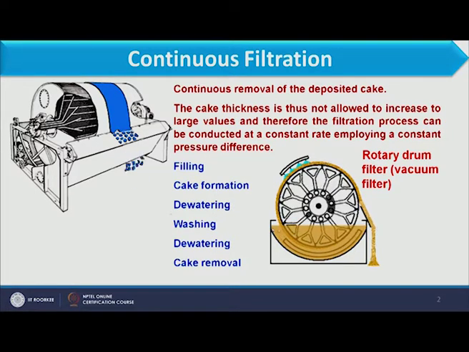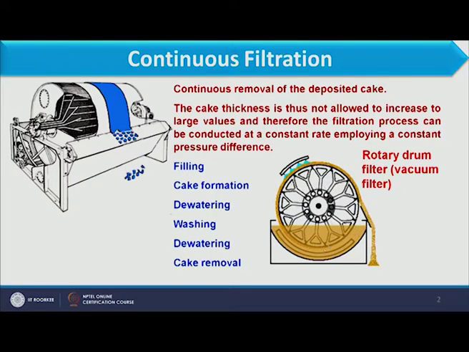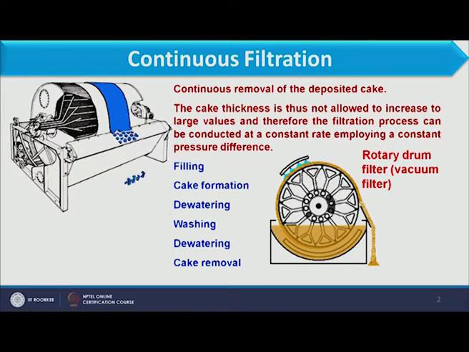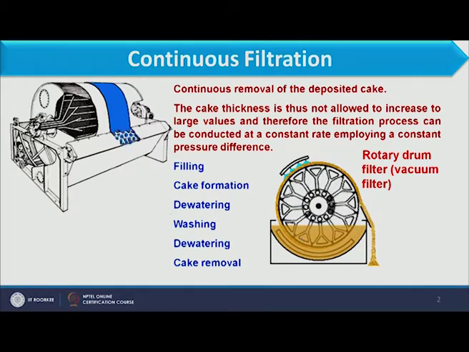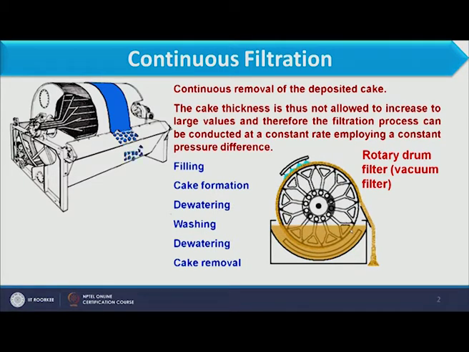As some section of this rotary drum is submerged into the slurry, all these lines in between are connected with the vacuum pump, so this system is operated at vacuum. Once it is submerged, it sucks the water, and during this sucking of the filtrate, the cake formation occurs over here.